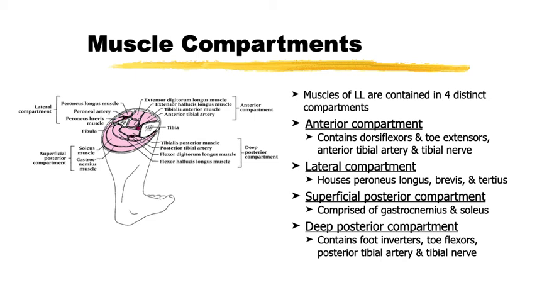And the deep posterior compartment, which means it's deeper in the leg, contains the foot inverters, toe flexors, posterior tibial artery, and the tibial nerve. The reason we're talking about these particular muscles and compartments is that we're going to talk about an injury that has to do with these compartments.